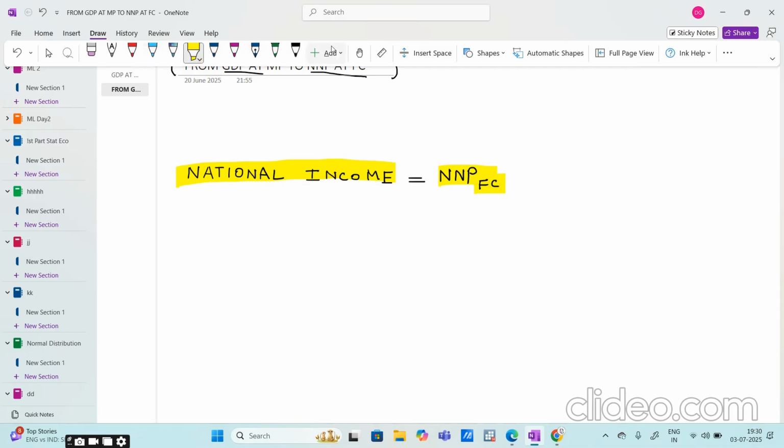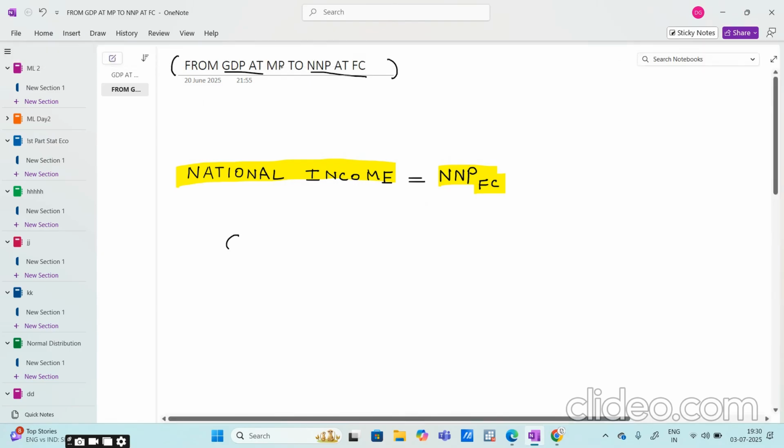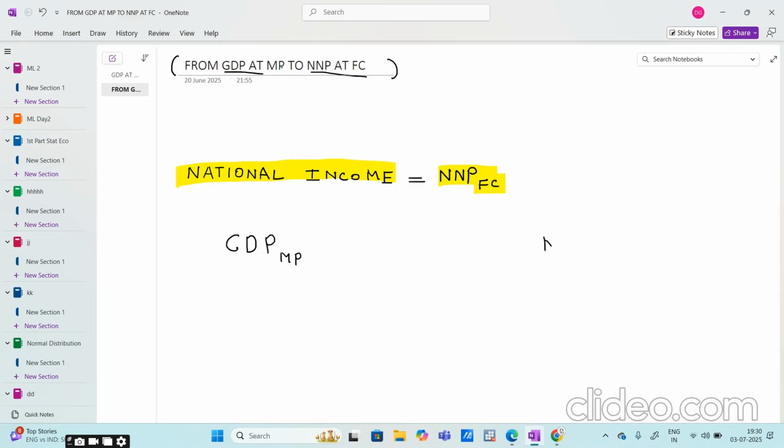Now suppose GDP at market price is given to you and you have to reach NNP at factor cost. How will you go from GDP at market price to NNP at factor cost? That is what we are going to discuss at first.